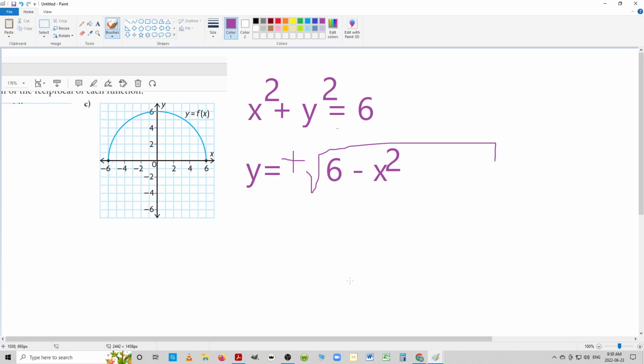The reciprocal of this, if I look at this, this is where it crosses 0. So we're going to have this weird asymptote here, and this weird asymptote here. And these are all positive. So it's going to be 1 over and 1 over. So it's going to hug like that. It's going to come to here. And then it's probably going to do a weird pointy hat thing. And then come back up like that.